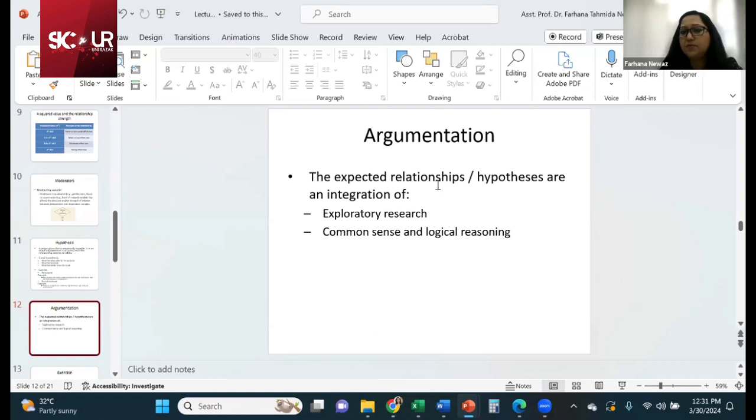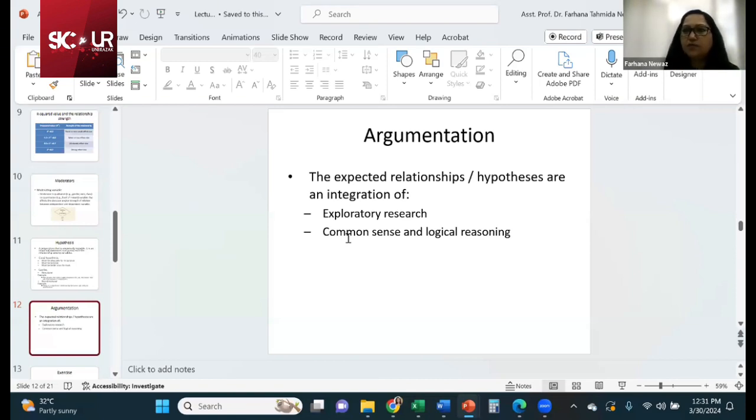Come to this argumentation. What you just mentioned, Kausalya, whatever explanation or evidence you are going to give, you can give this argumentation based on exploratory research, your empirical research, or previous studies. Sometimes, if your topic is very new, then maybe you don't have the evidences, right?